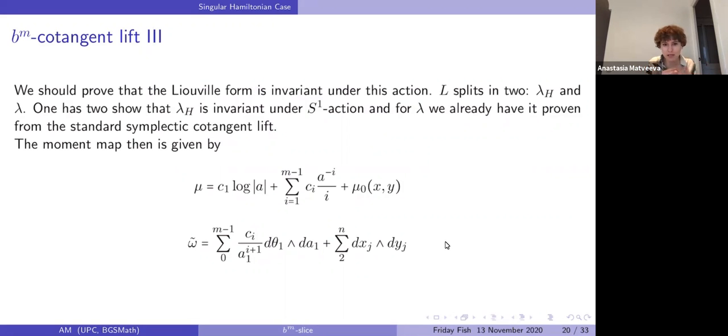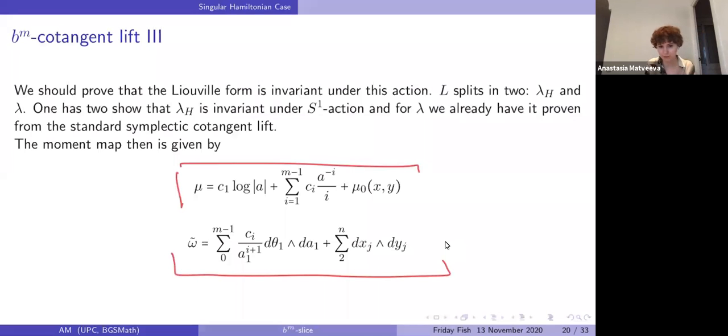And we have to show that lambda H is invariant under the S1 action, because lambda itself already comes from the symplectic cotangent lift, because of our product structure and the way H acts on the symplectic lift. That's not hard to show explicitly by hand. And once it's done, the moment map can be written like this, and the form itself will have this form.